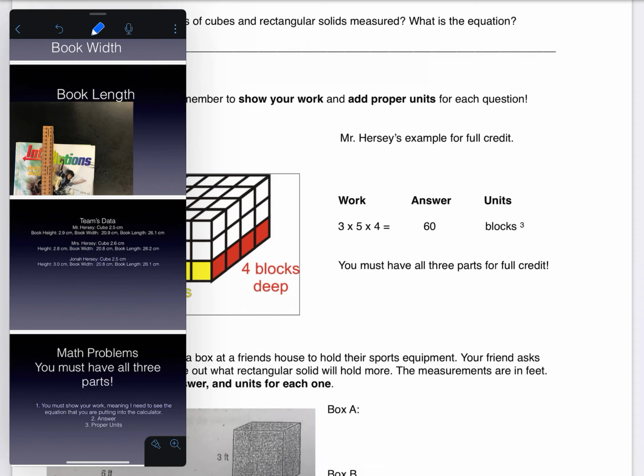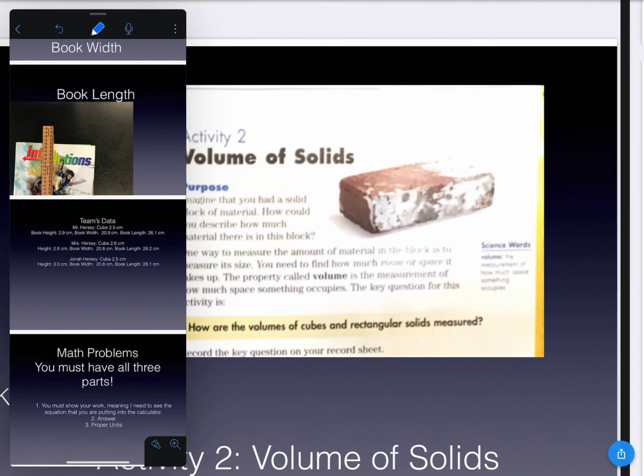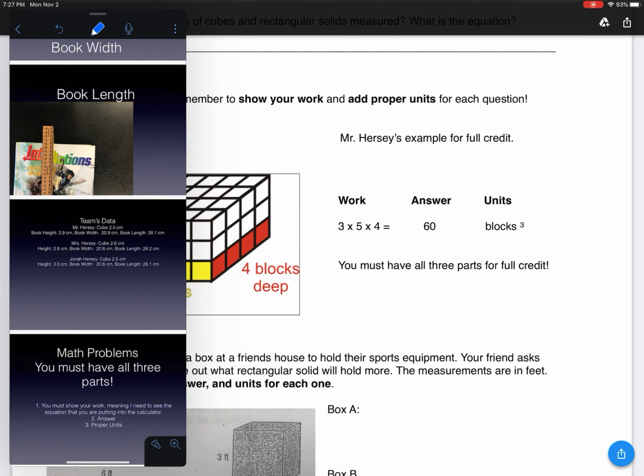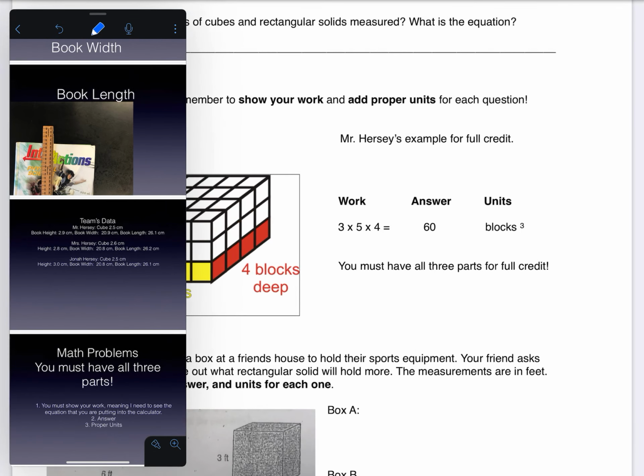Obviously, I'm looking for a proper answer. And then last, I'm looking for proper units at the end. Now this one here said deep blocks. That really isn't a unit of measurement, but for our case, it's blocks to the 3rd power.